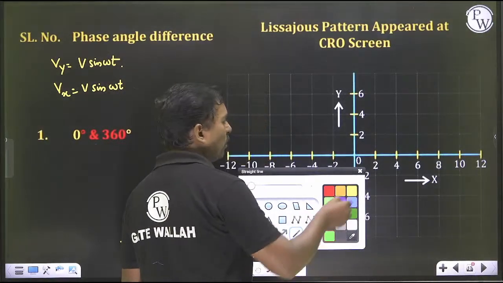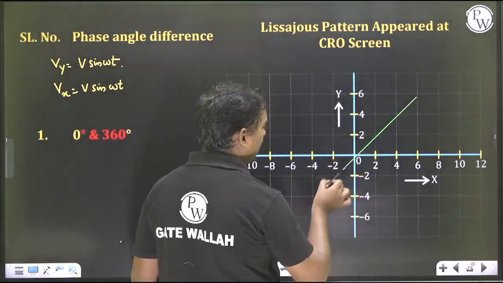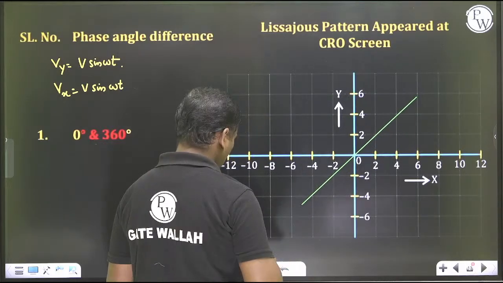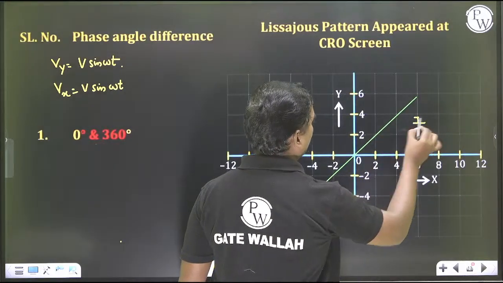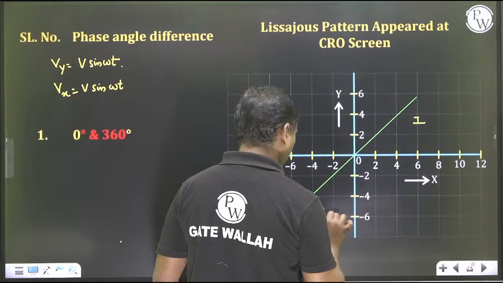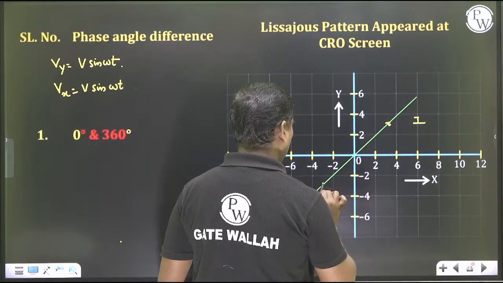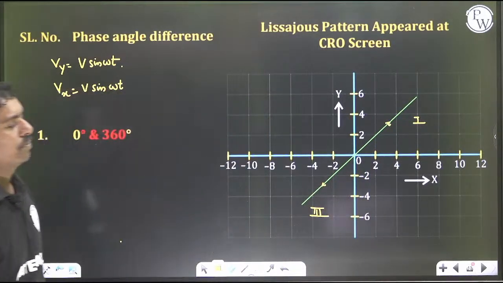How it comes is a derivation, that part we can see. The straight line comes in the first quadrant and the third quadrant.